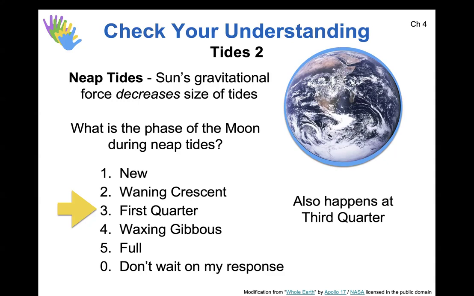And so that goes to show that it's the difference in the gravitational pull from one side or the other that matters more than the absolute strength. So it's the fact that there is a noticeable difference in gravitational pull from one side to the other that creates more dramatic tides than just a stronger pull.